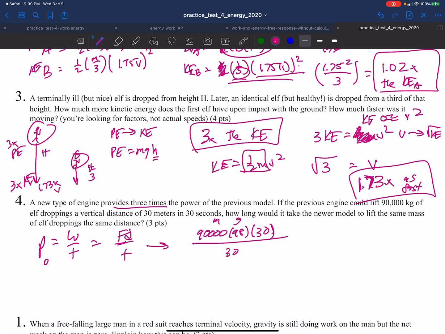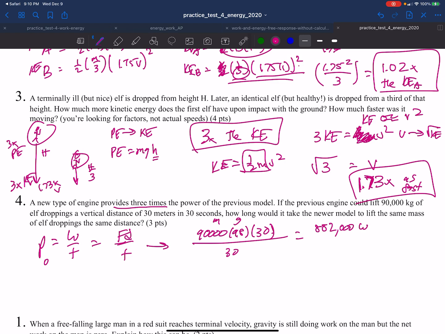So this is the power output of the first engine. So 90,000 times 9.8 times 30, and I'm going to divide all that by 30. And this is 882,000 watts.